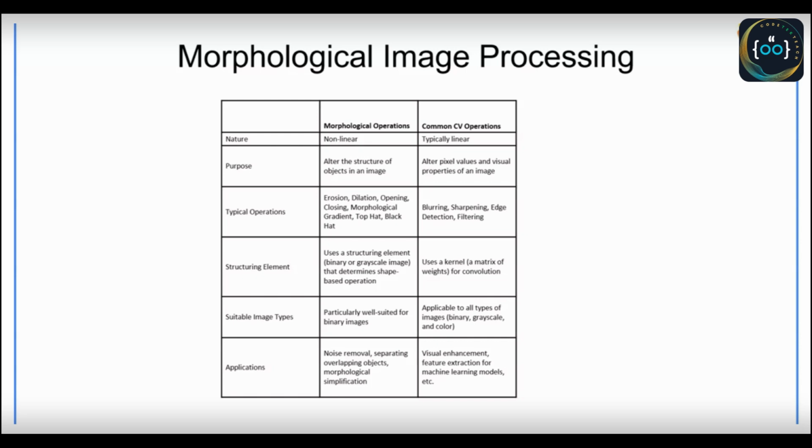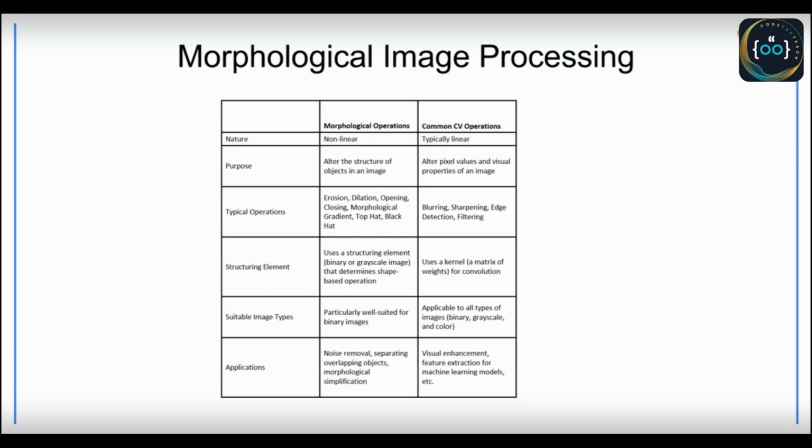These operations, that is common operations in computer vision, often use a kernel, a small matrix of weights that is convolved with the image to produce the output. The common operations are applicable to all types of images and can serve a wide range of purposes from simple visual enhancement to complex feature extraction for machine learning models.